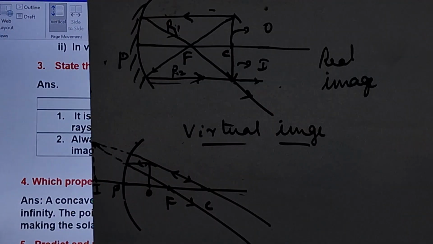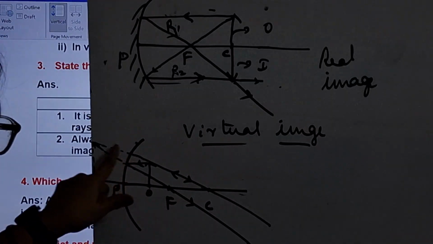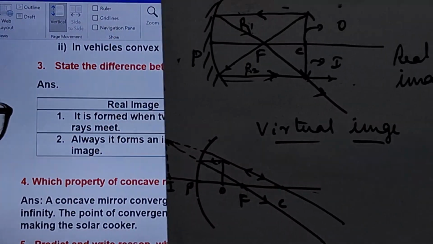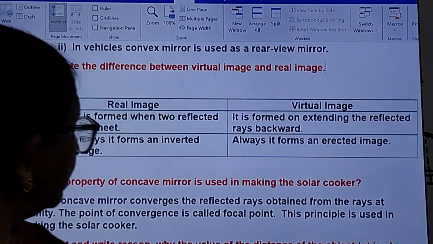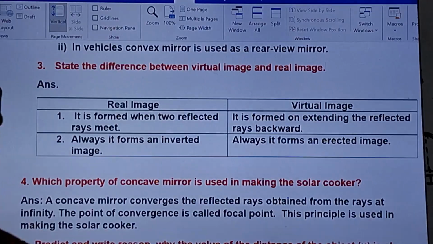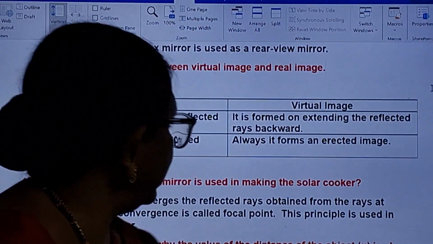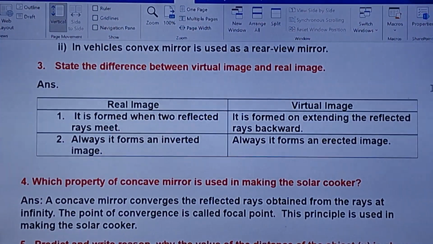This is considered a virtual image. So on extension only you are getting it. That is why the definition of virtual image is: it is formed on extending the reflected rays backwards.